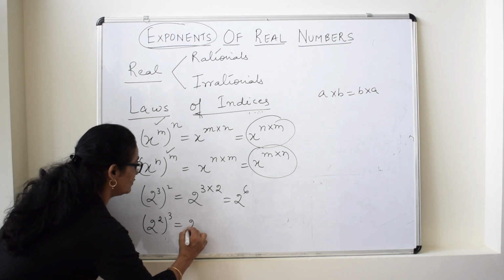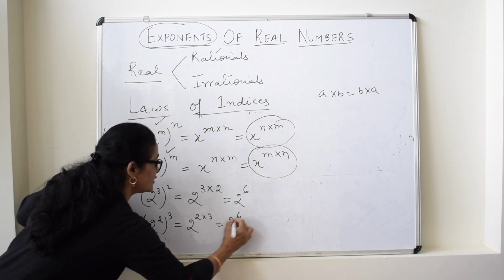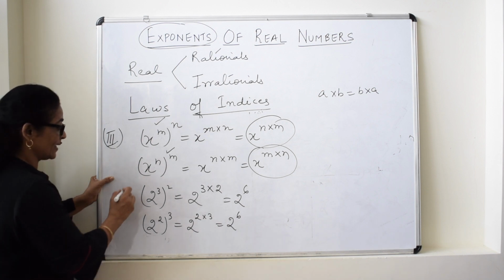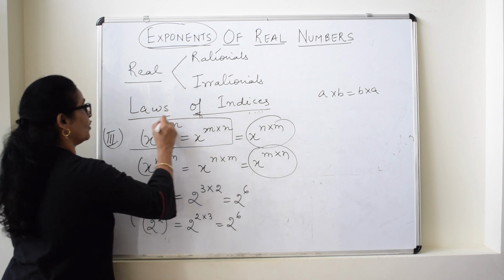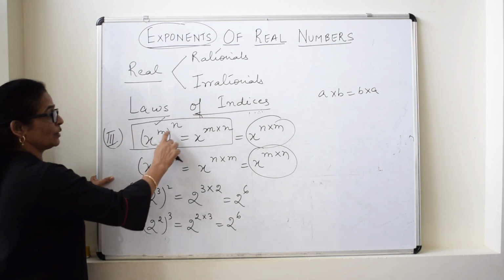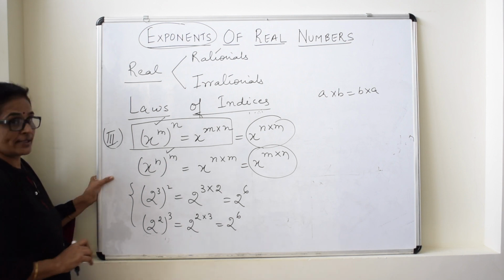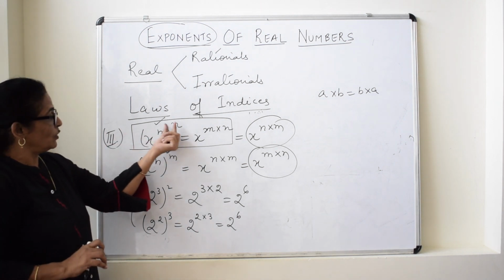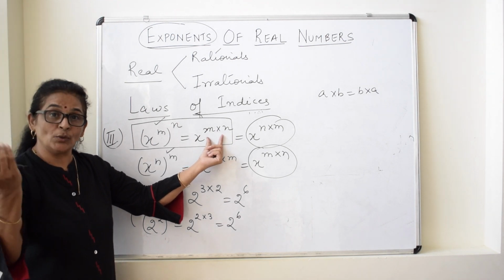So this will become 2 to the power of 2 into 3, that is this. It means that what do we conclude? According to this third law, power to the power, the powers can be interchanged. So the third law says x to the power of m whole raised to the power of n is x to the power of m into n.